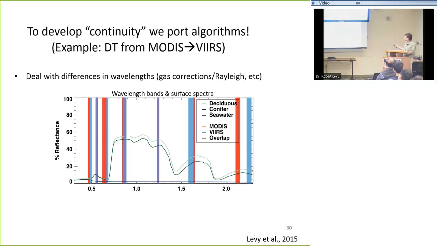So here, these are the wavelengths from MODIS versus VIIRS, and you can see the wavelengths are a little bit different. MODIS has 36 bands, and certain numbers of them are in these visible and near-infrared channels. And then what I put on the back here was different land surfaces, like you can see deciduous, conifer, seawater, and just basically showing that you have to adjust a little bit for the new wavelength bands and surfaces.